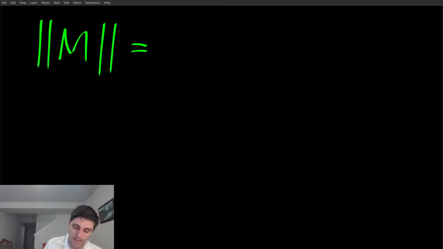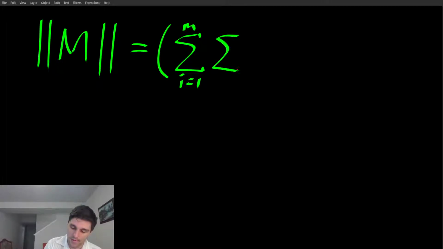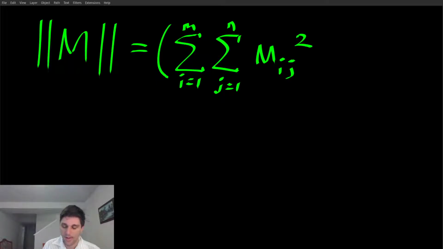I might write something like the sum from i equals 1 to m of the sum from j equals 1 to n of m_ij squared, and then that whole thing to the 1/2.